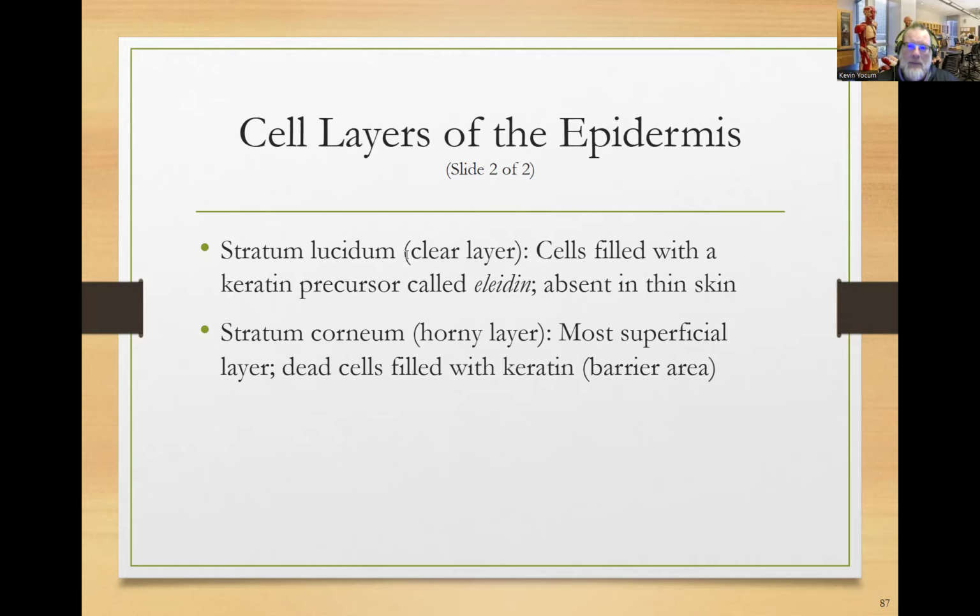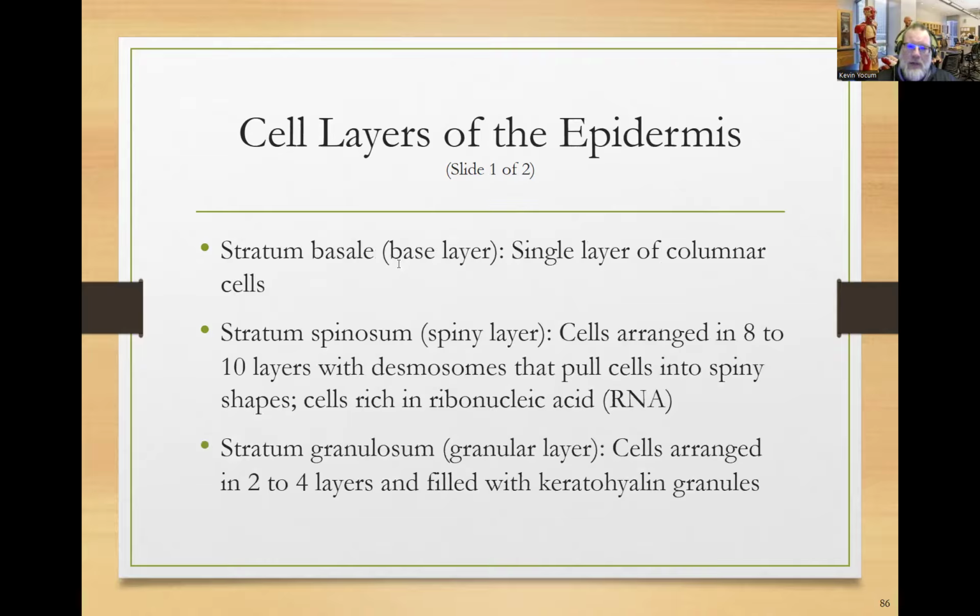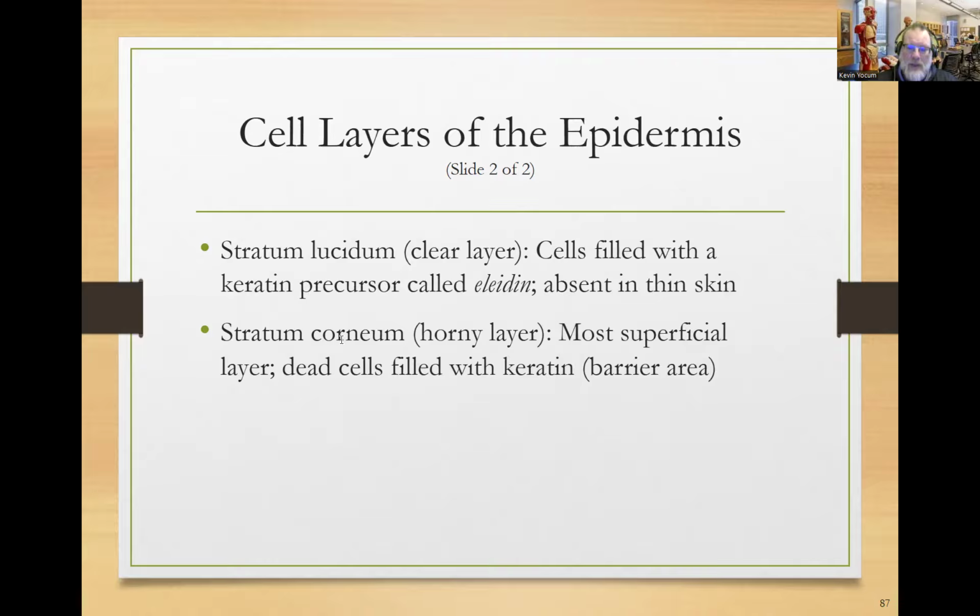Palms of the hands and bottoms of the feet have lucidum. Lastly, all epidermis has the corneal layer, the most superficial layer of the skin. This is where all the dead skin cells are that have become keratinized. They're born down here in the basal, and 28 to 35 days later, they work their way up to the corneum.